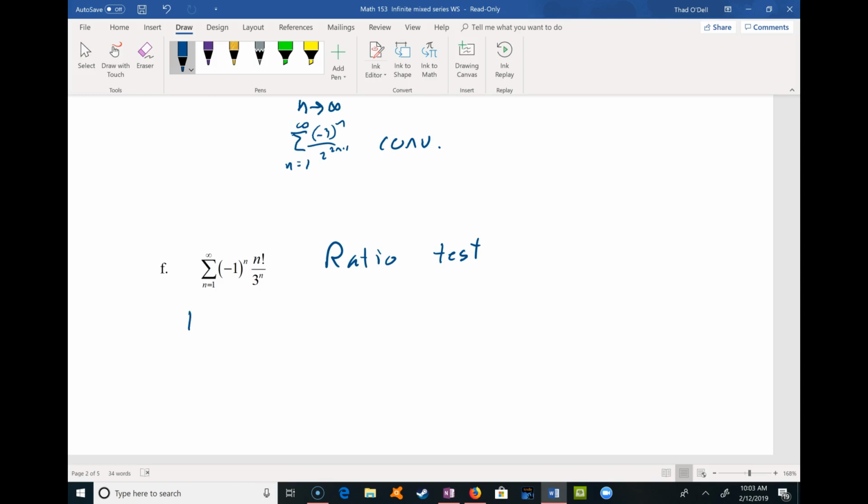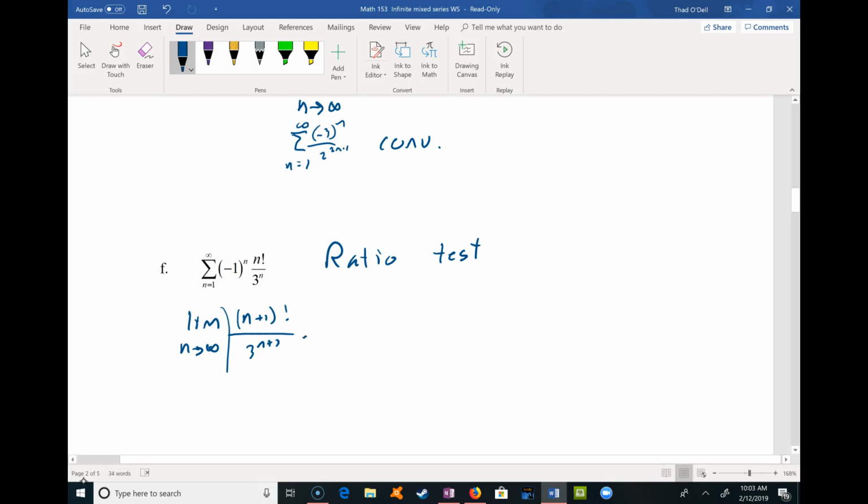So we're taking the limit as n approaches infinity of n plus 1 factorial over 3 to the n plus 1. And remember, we're taking the absolute value of this, so that takes care of the negative.